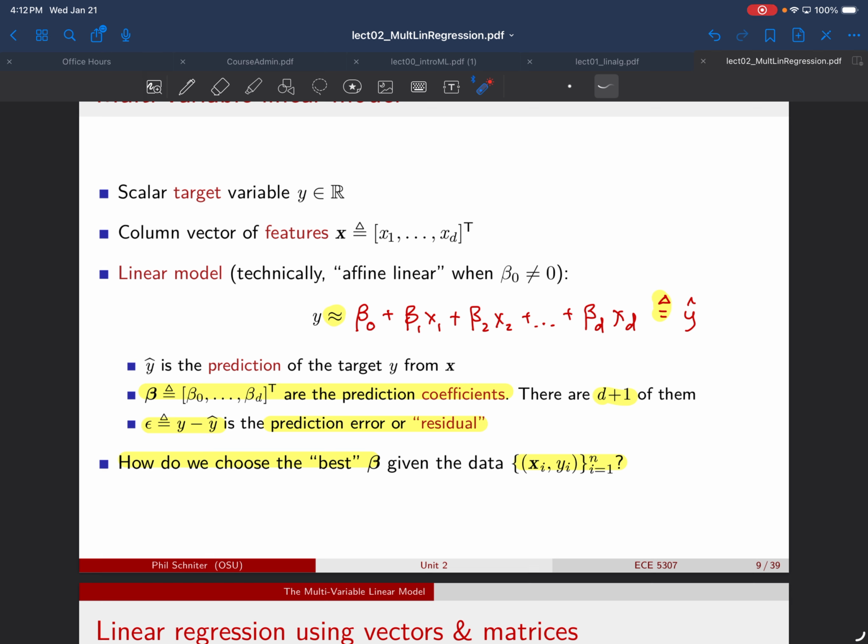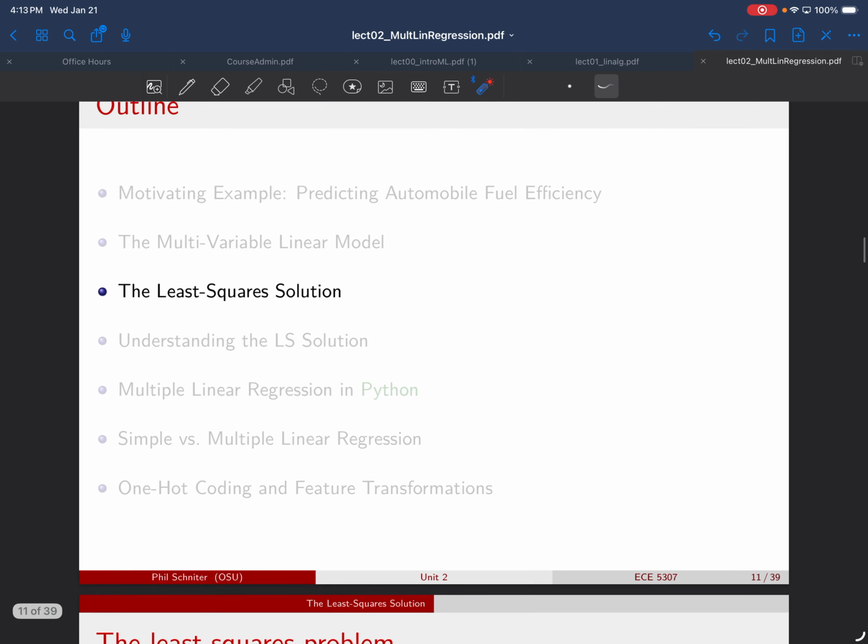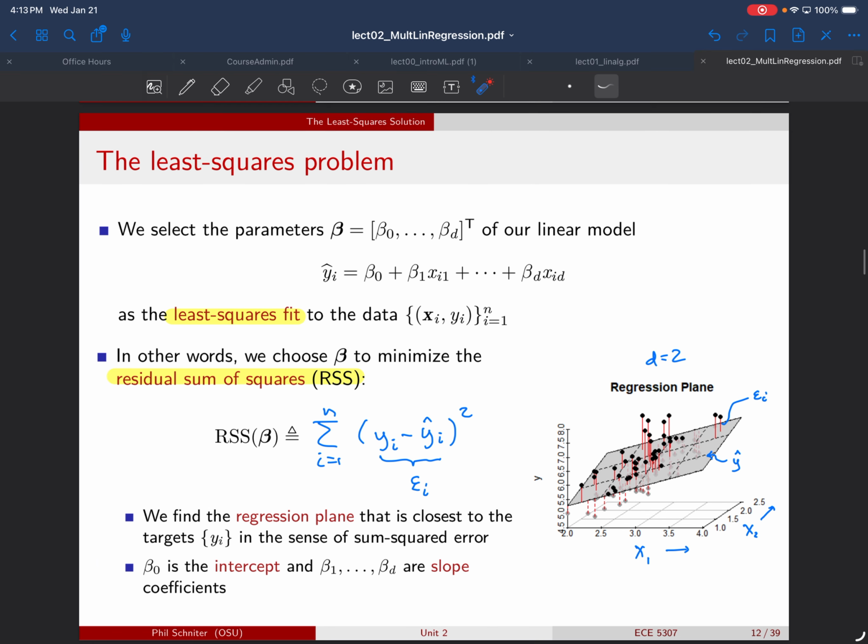And if our model is good, then there won't be too much of a difference between our prediction y hat and the truth y. Or in other words, the prediction error epsilon will be small. So our job is to design these prediction coefficients, the betas, that make this error as small as possible. There are different ways of defining small, but what we said is that we're going to look at the sum of squared errors.